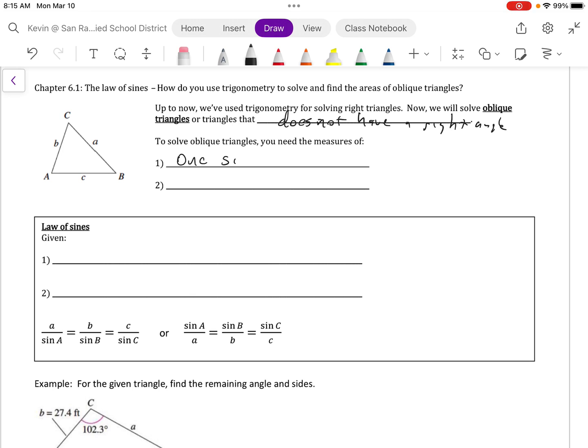So to do this, we need a couple things. To solve an oblique triangle, you need the measure of one side and then any two other parts.